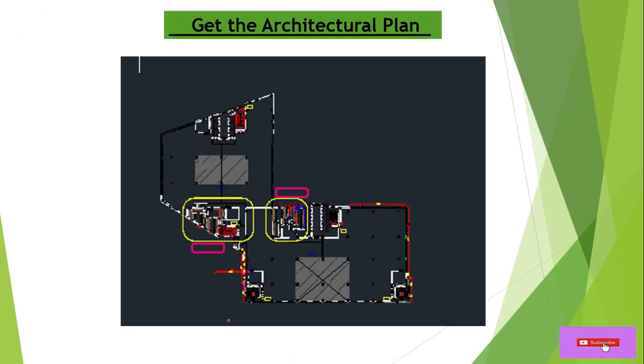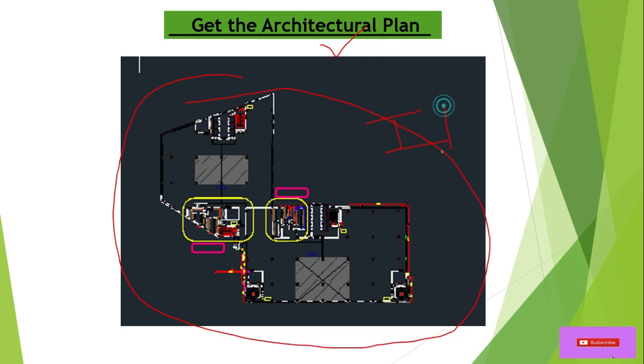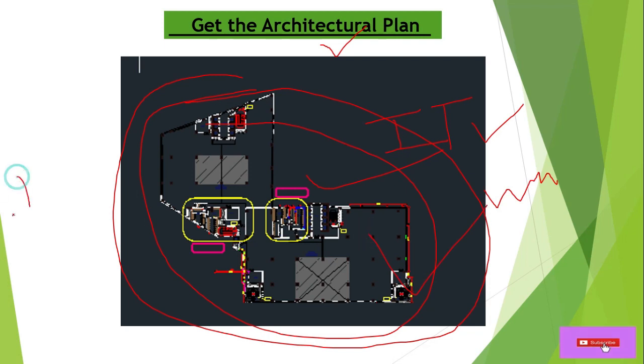So in the first step, suppose we get the plan. Suppose this is an office building, an IT building, any IT company building. So here we have a space, and we are going to do the water demand calculation for this IT office building. It is a 12-story building.